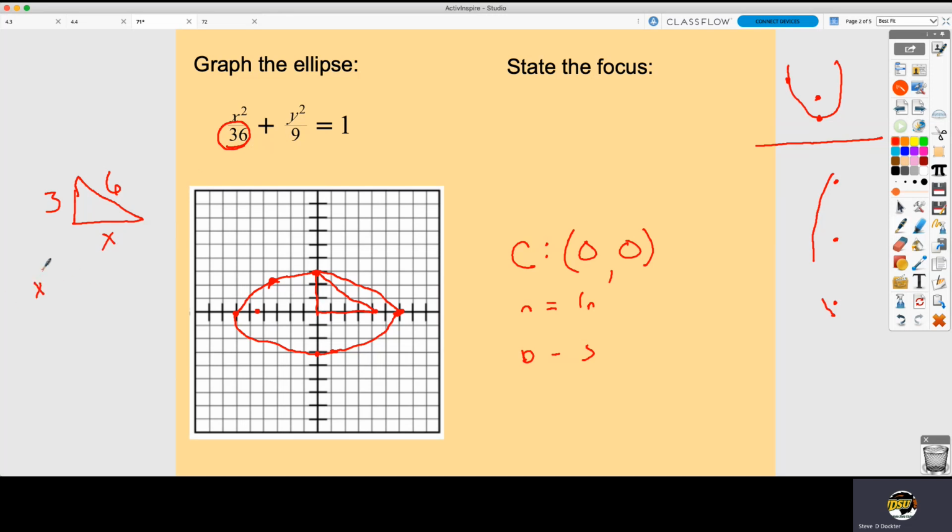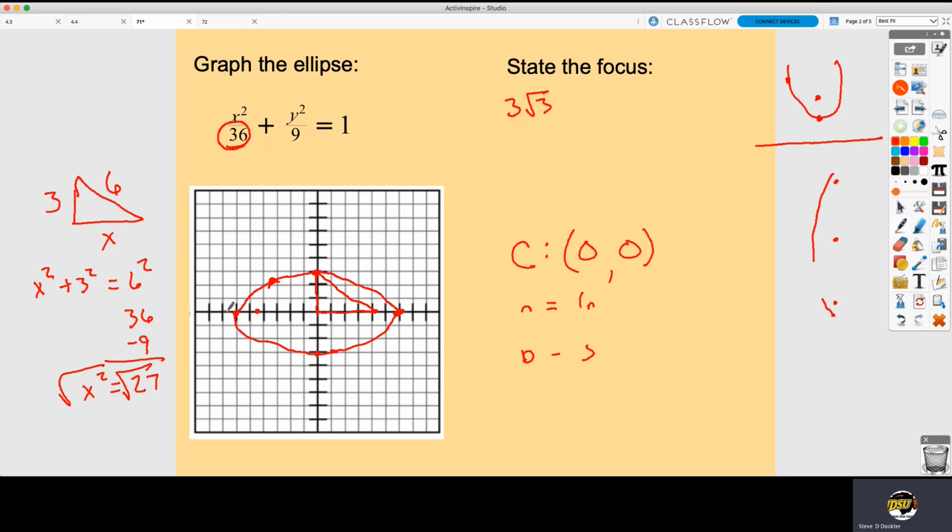So we would have x squared plus 3 squared equals 6 squared. So 36 minus 9. So x squared would equal 27. We take the square root of that. And our x value for the foci are going to be whatever 3 square root of 3 is, okay?